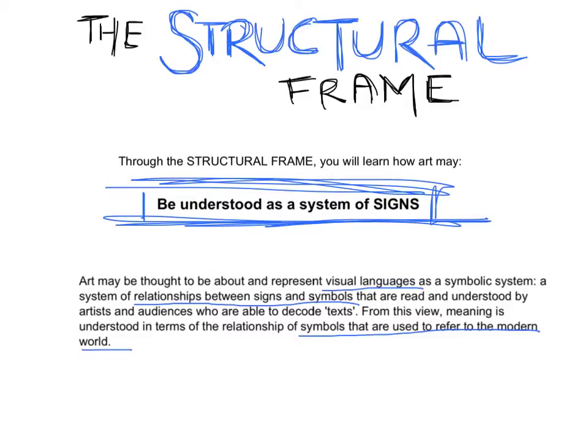Sometimes because of the meaning that has already been applied to them within the world, and also because of personal experiences that people can apply to particular signs and symbols. Probably one of the most simplistic ways I could describe this is when you see the McDonald's sign, you know that McDonald's is nearby.